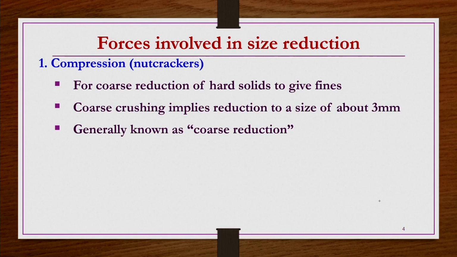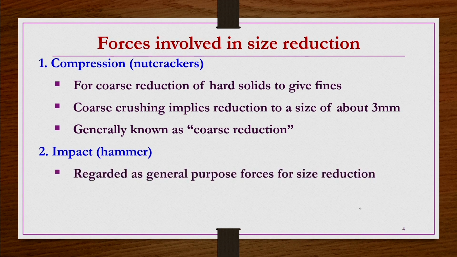Compressive nutcracker forces are known as coarse reduction, because when you apply these forces, the majority of the product fraction is coarse material. Next one is the impact or hammering kind of forces.